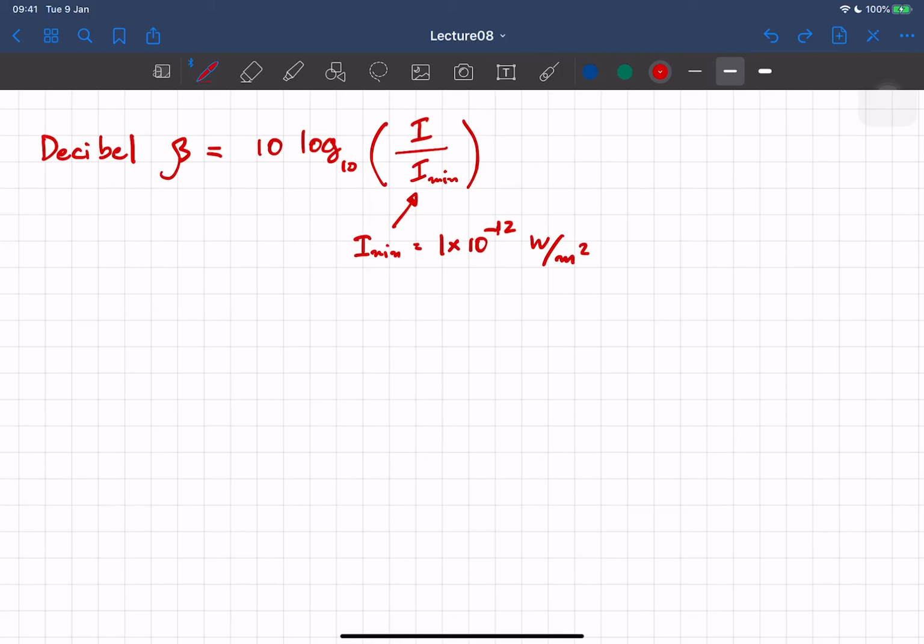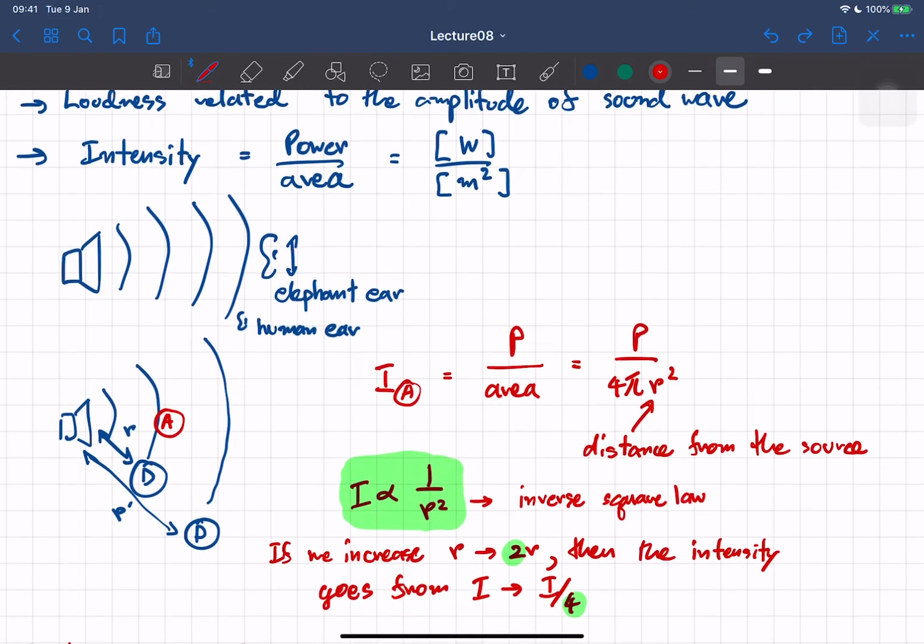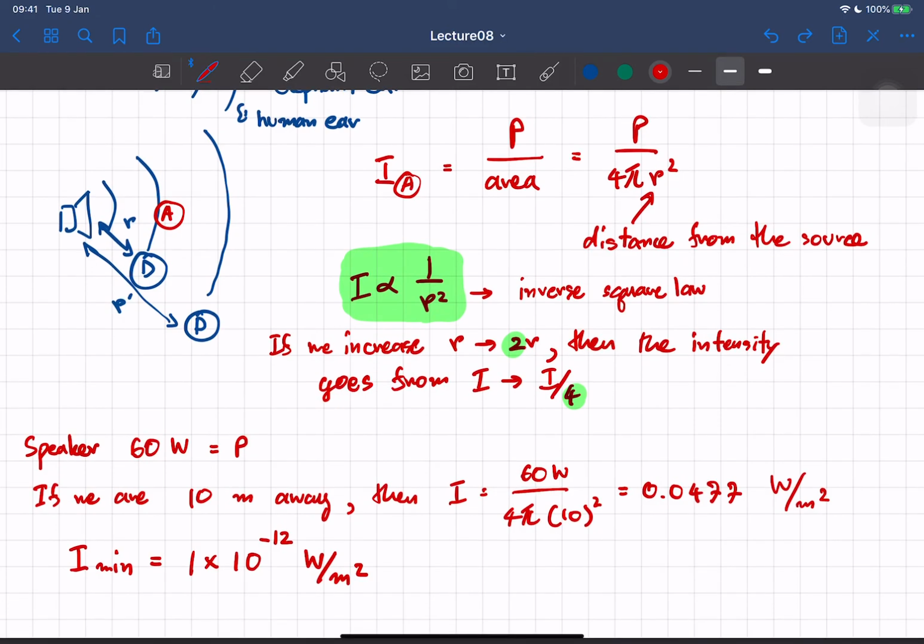Okay, so just to demonstrate how this works, let's take the number that we calculated earlier. A speaker of 60 watts, which is the power, and we are standing 10 meters away from the speaker. We have the intensity of this much.